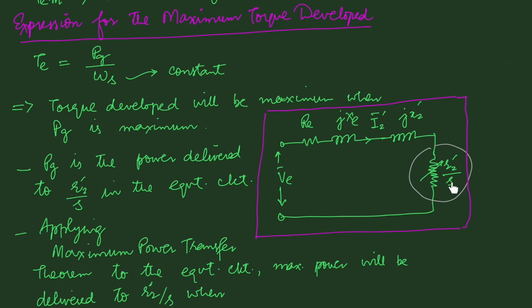For a resistive load the maximum power will be transferred when the load resistance has a value equal to the magnitude of the internal impedance. This is the internal impedance, and when this R2 prime by S is equal to the magnitude of this internal impedance, maximum power will be transferred to this.